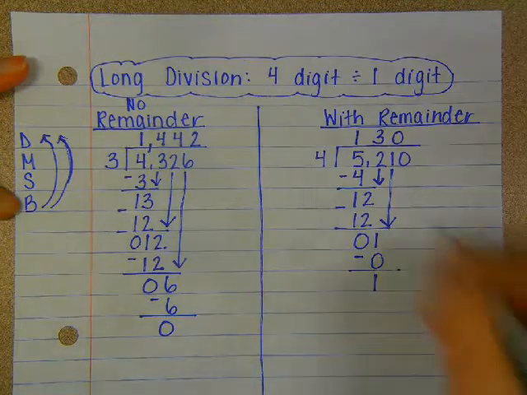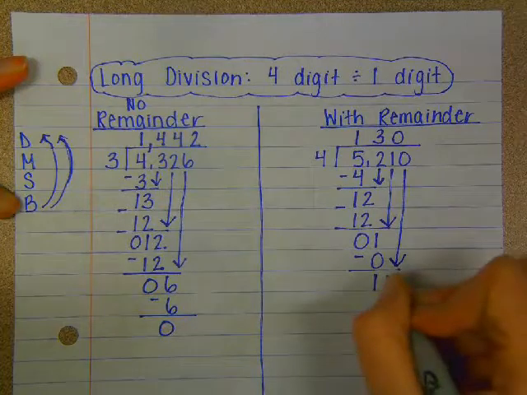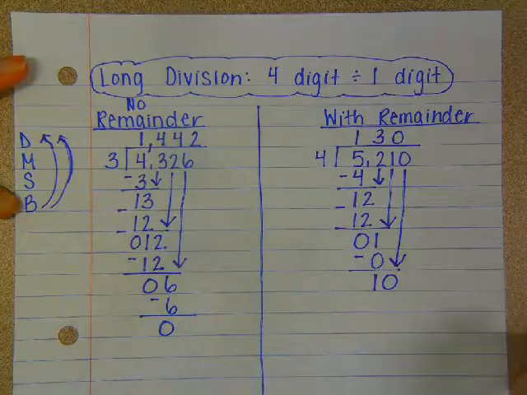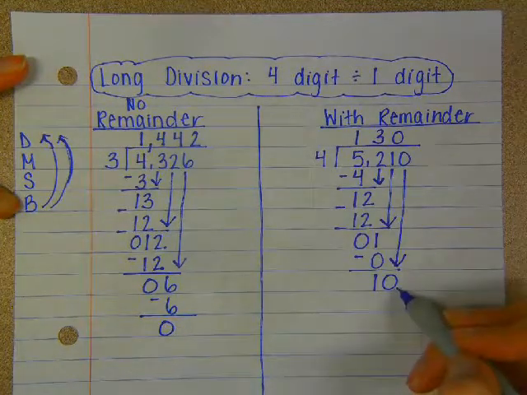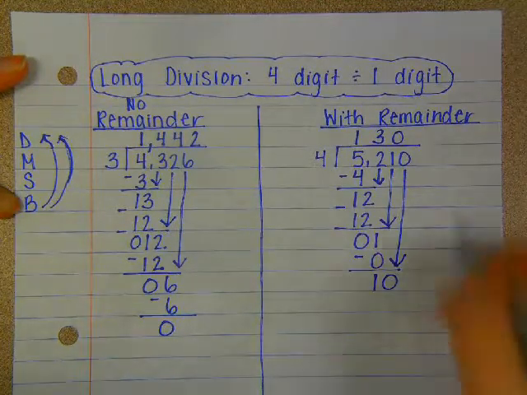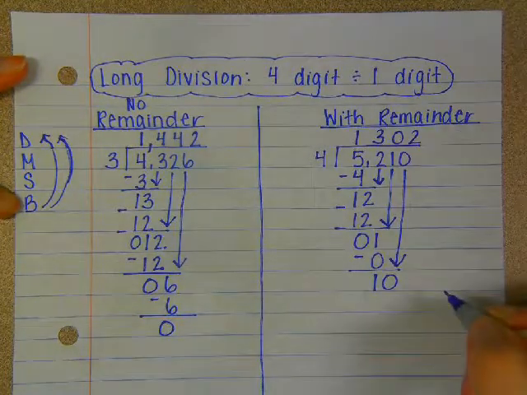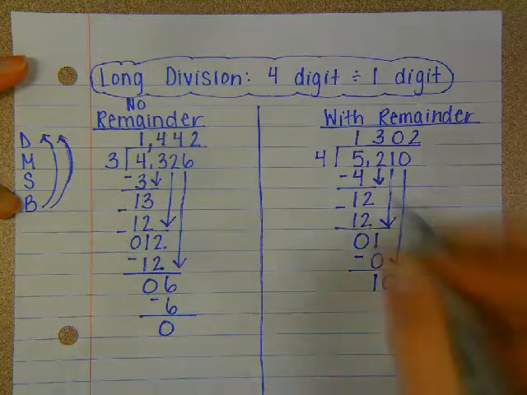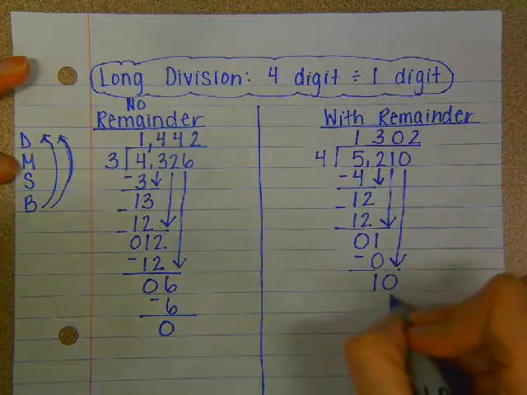My last step is to bring it down. So I'm bringing down that last 0, so I now have 10. And I asked myself, how many times can 4 go into 10 without going over? I know that 4 can go into 10 2 times without going over. So then I multiply 4 times 2, which equals 8.